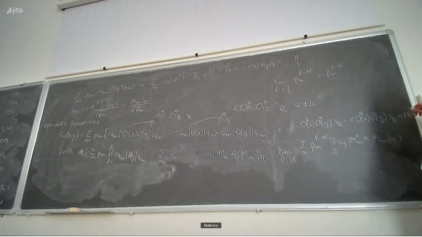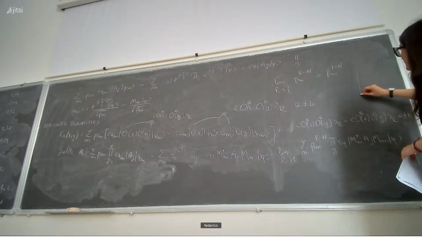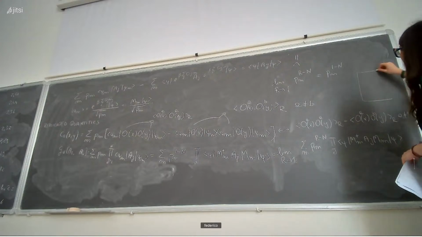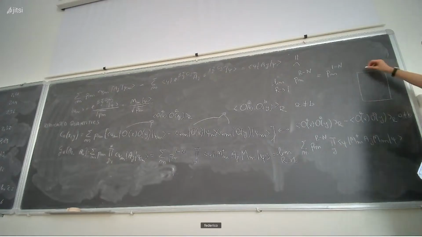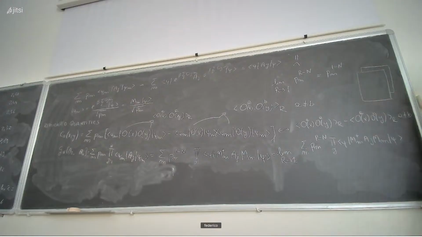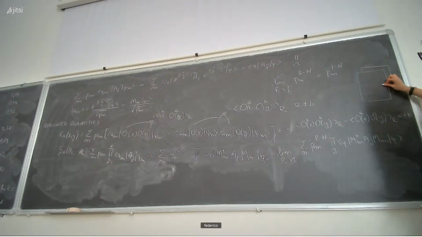Suppose that I have two replicas, so I have my first x tau space-time, then I introduce my second replica, and these two replicas are coupled. Let's see if I can draw it.